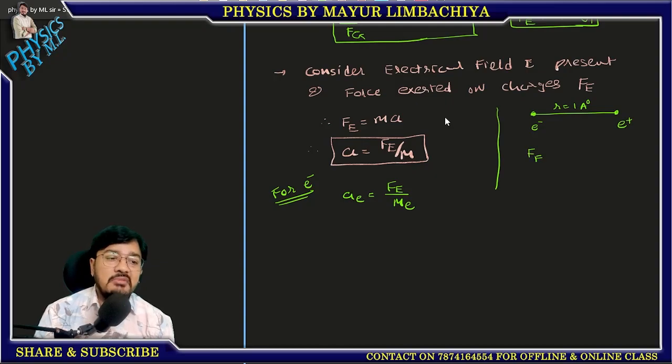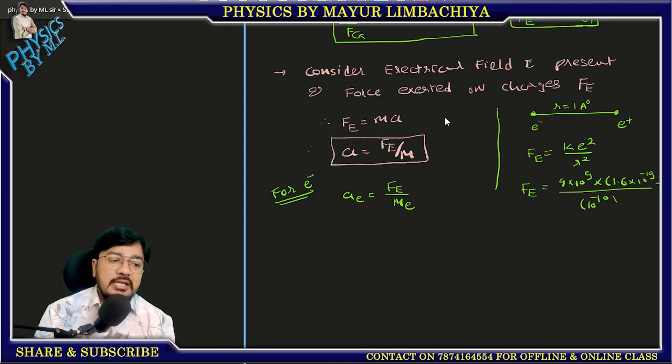So Fe can be written based on this parameter as K e square divided by R square. Here R is 1 angstrom. So therefore Fe is equal to 9 into 10 raised to 9, 1.6 into 10 raised to minus 19 square divided by 10 raised to minus 10 square.